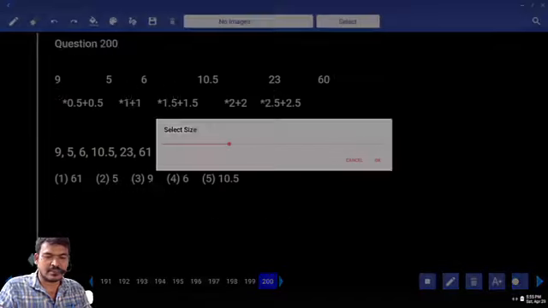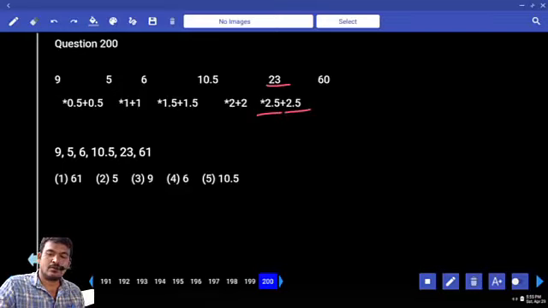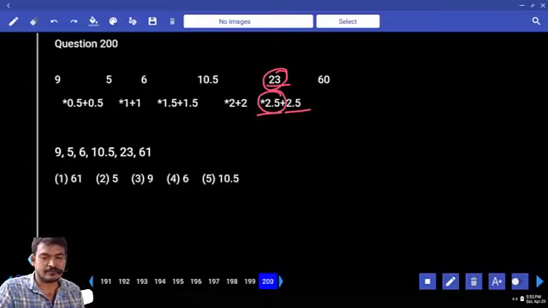Next, question number 200. Already the logic is given here. 9 times half, half plus half means 5. 5 times 1 plus 1 is 6. 6 times 1 and a half is 9 plus 1 and a half, 10.5. 10 and a half times 2 is 21 plus 2 means 23. 23 times 2 and a half plus 2 and a half. 23 times 2 and a half means 46 plus 11.5.